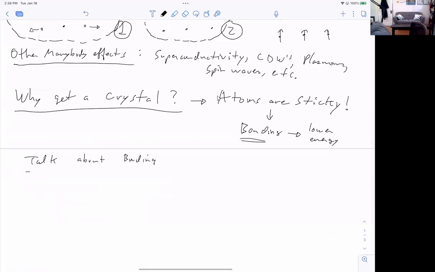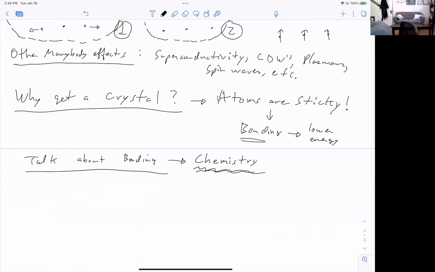Now, when you talk about bonding, that's a chemistry thing. And so this is going to be a moment in time when we are going to be like chemists. We're going to talk about chemistry, all right? Because like I said, solid state physics is the combination of quantum mechanics, stat mech, and chemistry. So right now, let's talk a little bit about chemistry because that's where bonding comes from.